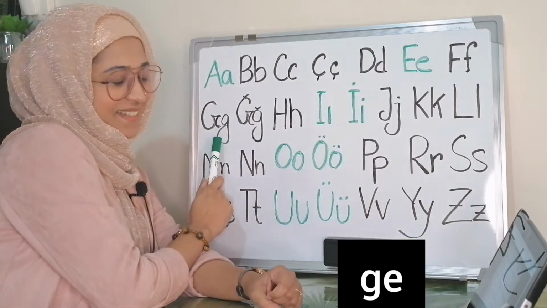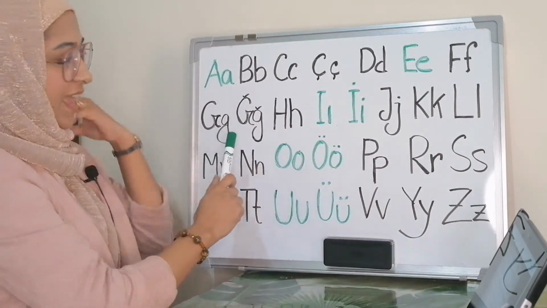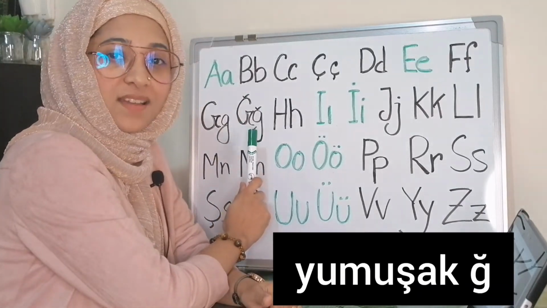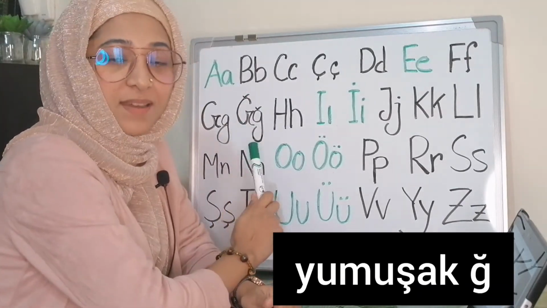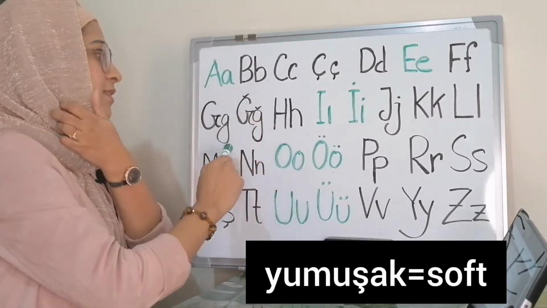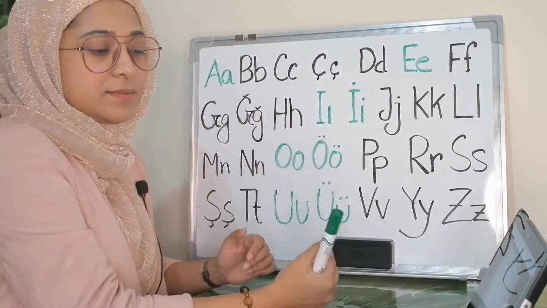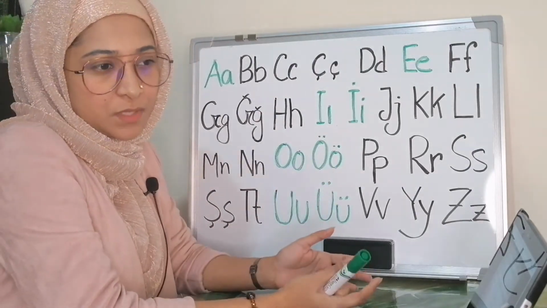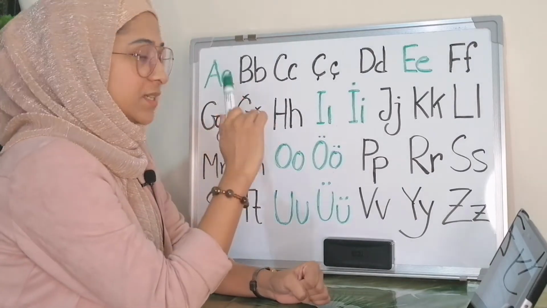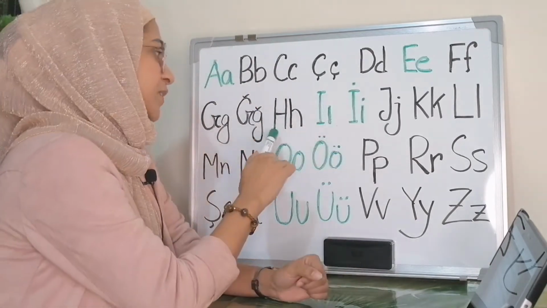This is G, and this is yumuşak G. Yumuşak means soft. In my next lesson, we will find the details about this one. So don't worry about this. I will explain it later.